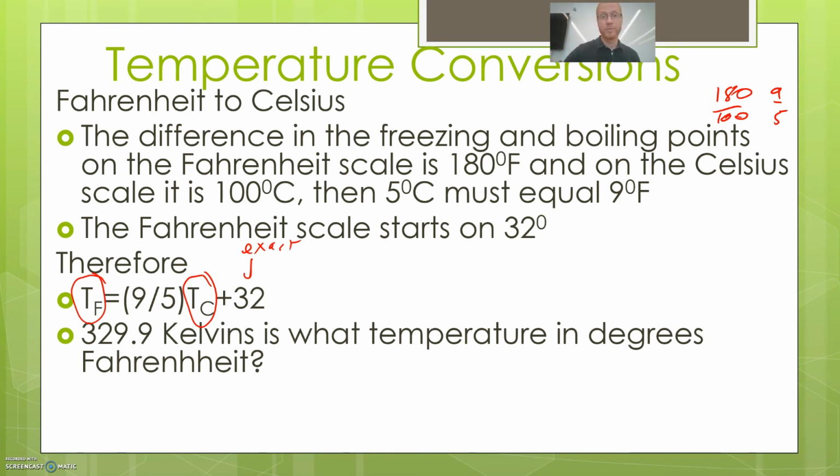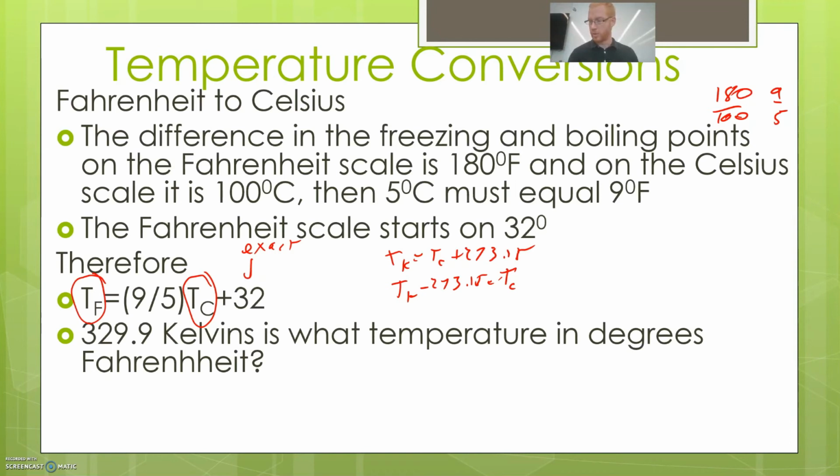Okay, so what we have to do is we have to go through a middle step here, okay? So if my Kelvin equals Celsius plus 273.15, okay, then Kelvin minus 273.15 equals Celsius.